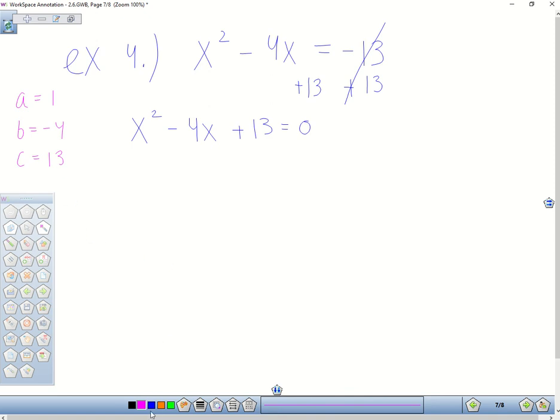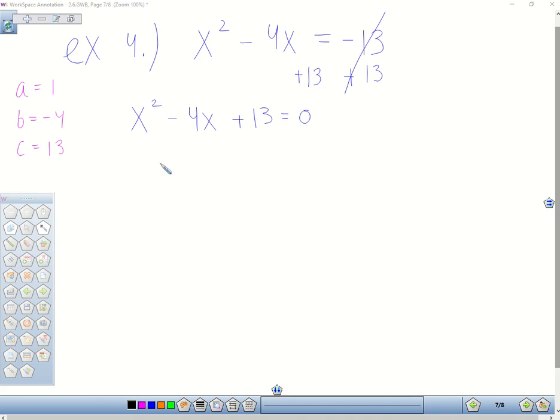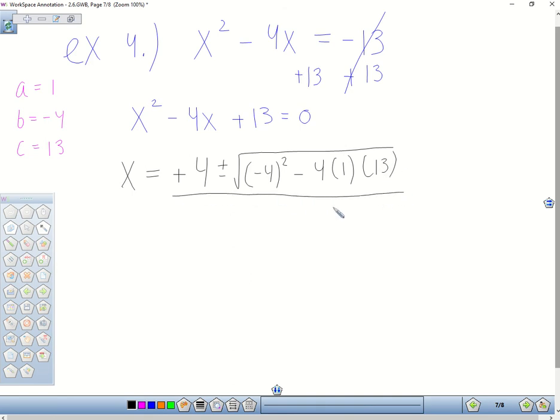Good. So now we're just going to plug this into the quadratic formula, and that's just going to be x equals negative b. Now if your b is already negative, it's going to become positive, okay? It just changes the sign, plus or minus the square root of b squared. Don't forget to square the whole thing if it's negative. Minus 4 times a times c, all over 2 times a. So now I need to simplify what's inside the square root.